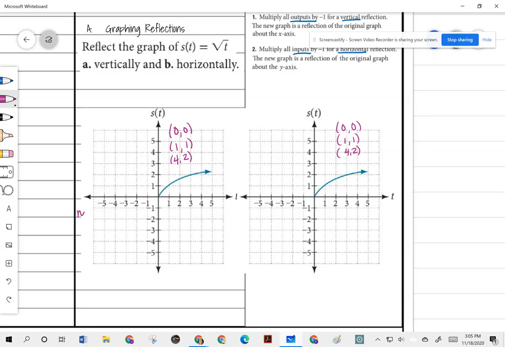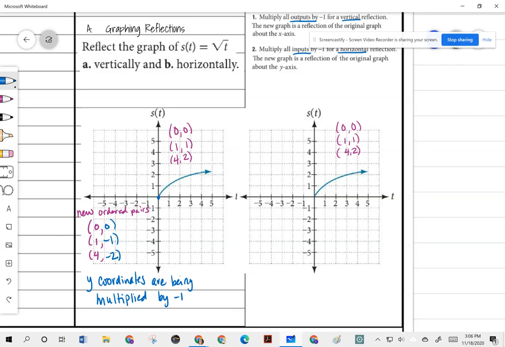So the new ordered pairs, the x's stay the same, but our y's are going to be multiplied, the y coordinates are being multiplied by -1. So 0 times -1 is still going to be 0. 1 times -1 is going to be -1, and 2 times -1 is going to be -2.